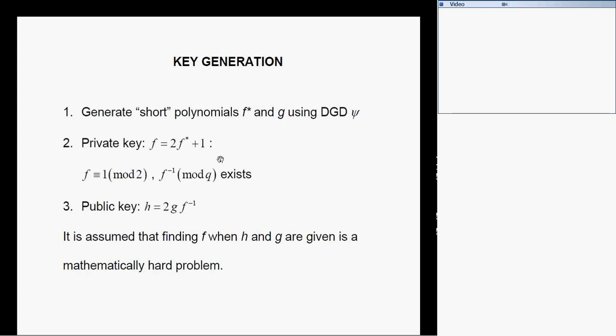For those two polynomials, f' is going to be used to generate the private key, which in this case also represents a polynomial.